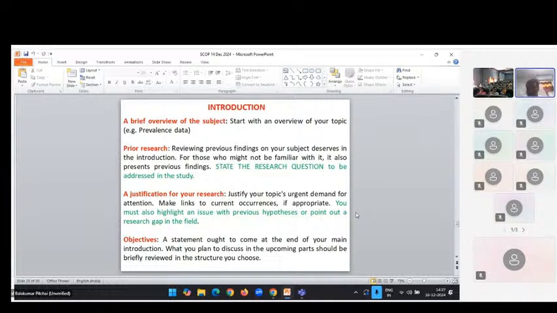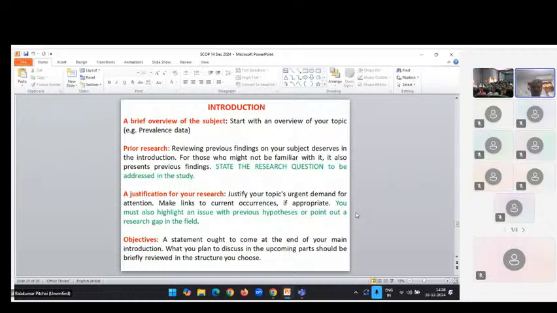Can you believe? That is because that paper is only dealing with prevalence data. Still every month it is being cited 10 times. Every year we are getting around 100, 120 citations from that paper. So you just enter the prevalence data in the first paragraph.